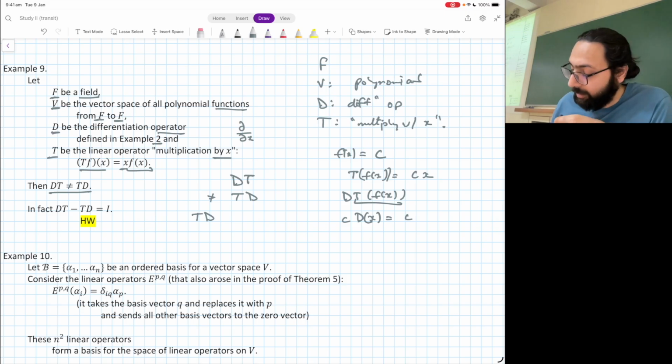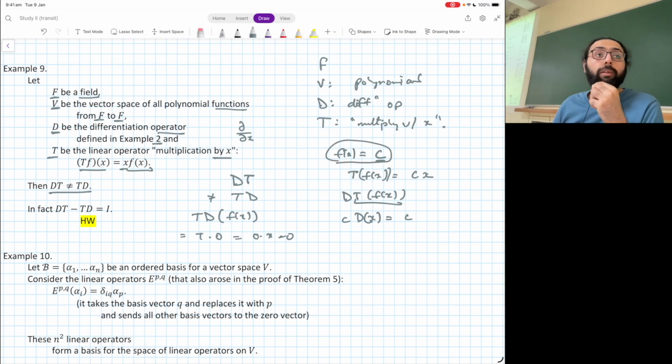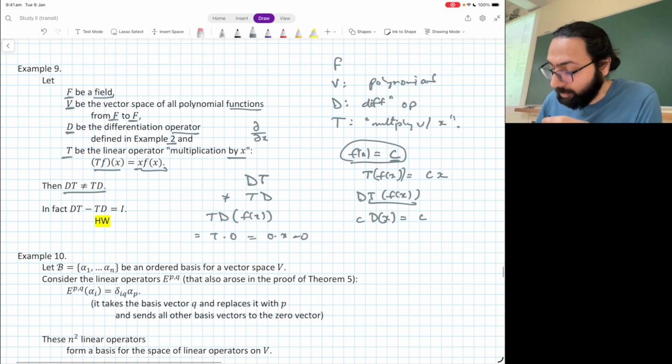So let's do this: D of f(x), so for c you're going to get a 0, and then 0 times x is going to be 0. So you can see that already for such a simple function, you're not going to get equal. Okay, so it's just a slightly non-trivial example of saying that things don't always have to commute.